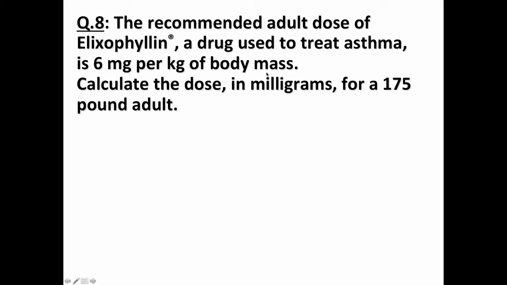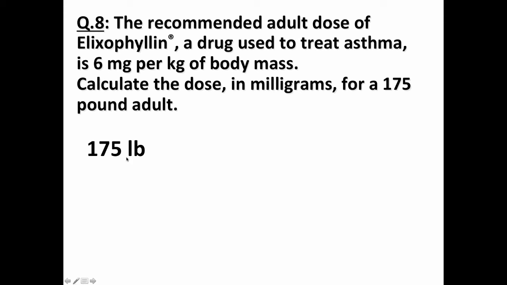And generally speaking, if you have more than one value given in a problem, or if you look up some values, it's generally good to start with a single value rather than something like the 6 milligrams per kilogram, which is a value, but it's actually a conversion factor. It's a ratio of two values.